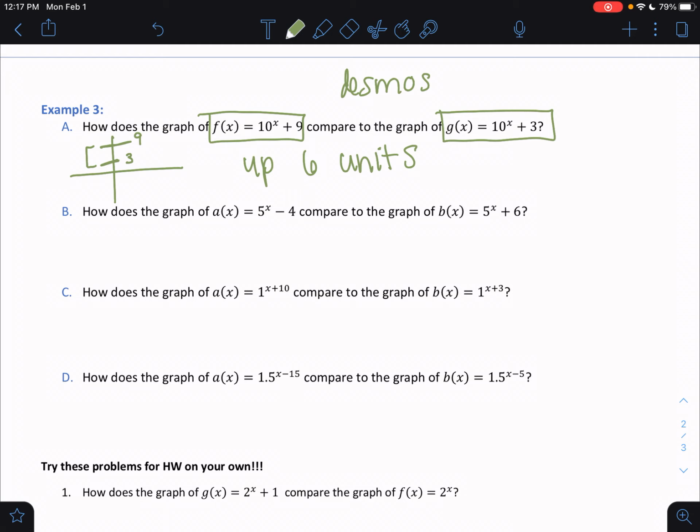Let's look at B. So for our a of x equals 5 to the x minus 4, this one went down 4, so 1, 2, 3, 4, and the other one goes up 6.